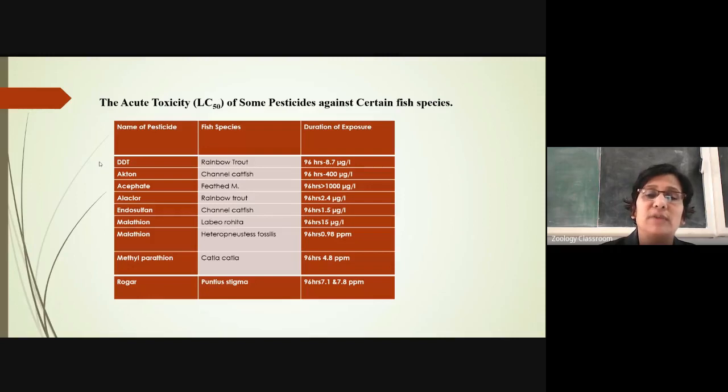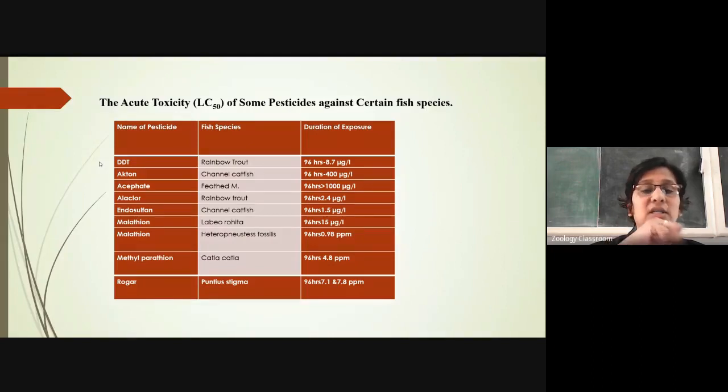And the duration of exposure is also there. How many hours? 96 hours. And how much dose is there? So at that particular dose, these pesticides affect the fish species, and in that particular number of hours, the effect of the pesticides is seen on the body as well as muscles of fish, and it causes adverse effects.